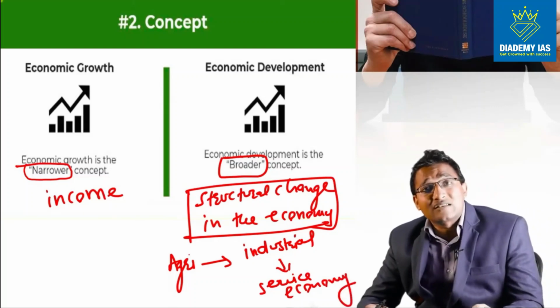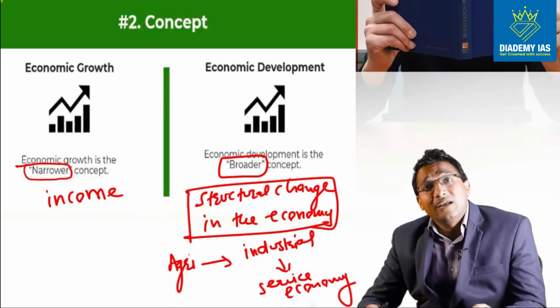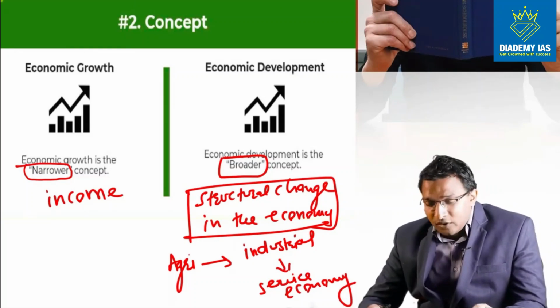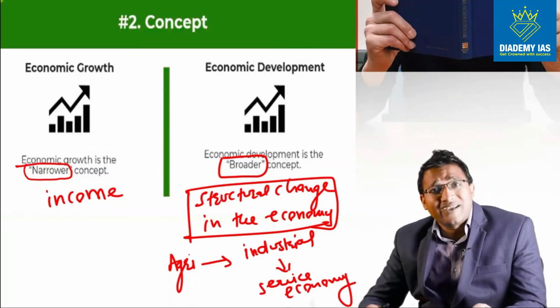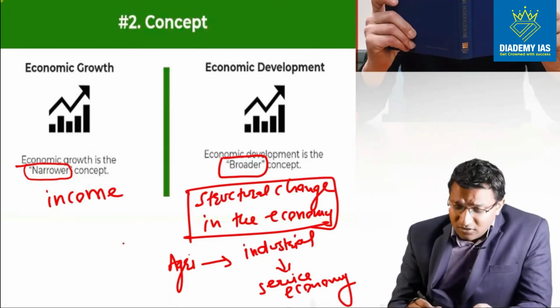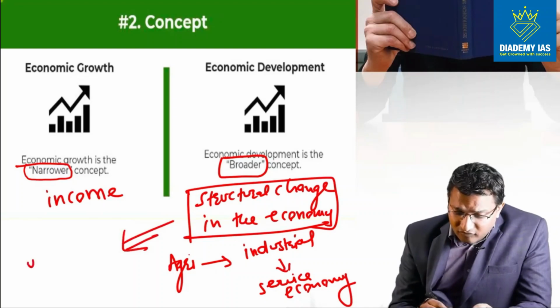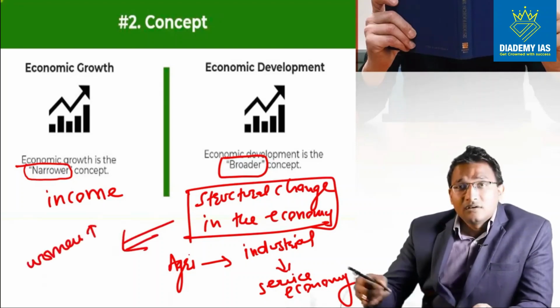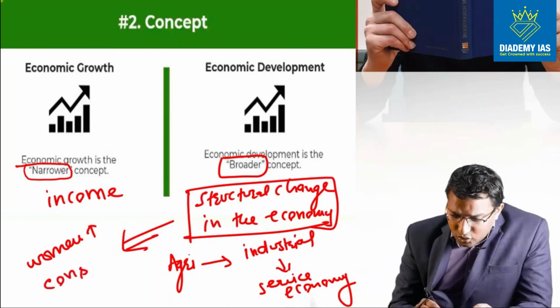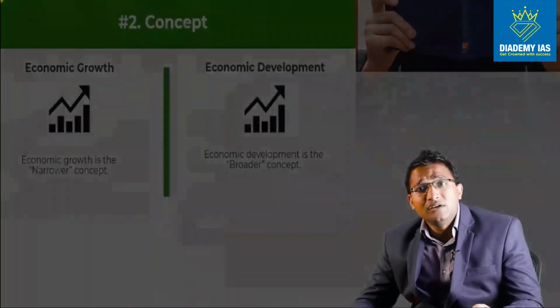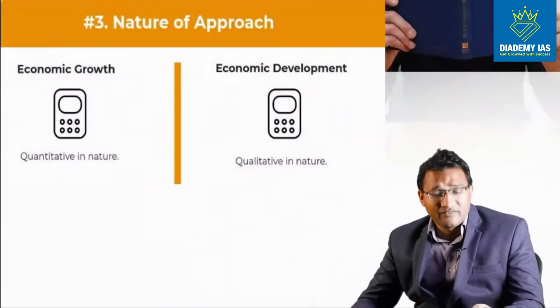Earlier they used to be an agricultural-based country, then they became an industrialist country, and now they are a service-based economy, right? So this structural change is also a reflection of economic development. This structural change can be in another form, that the role of women is increased, right? The consumption of resources is also decreased. So these kinds of structural change can also be included in economic development.